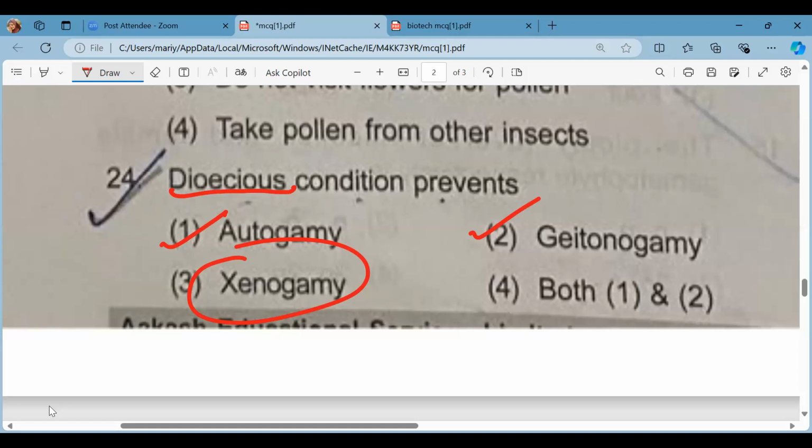Yes, here a different plant is involved. For example, the male plant is different and the female plant is different, so easily the pollen can be transferred. So the dioecious condition will obviously prevent autogamy because that is self-pollination, and geitonogamy will also be prevented. But xenogamy will not be prevented. Clear? Yes, ma'am.